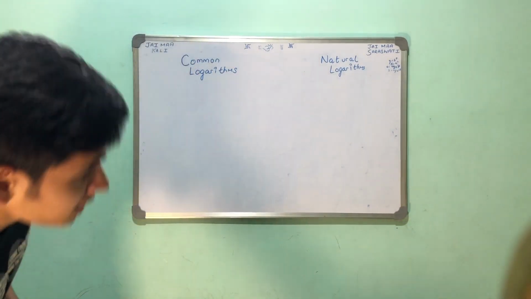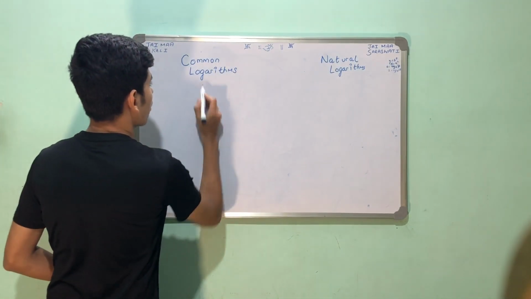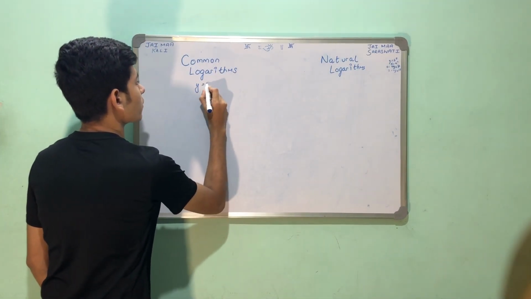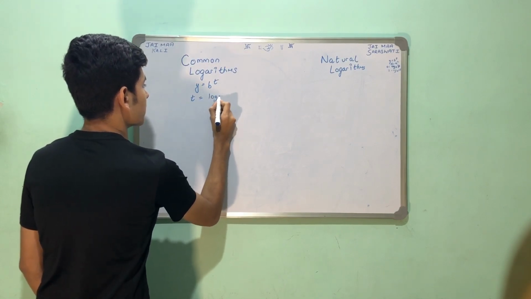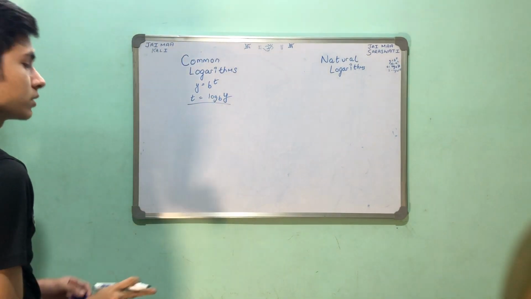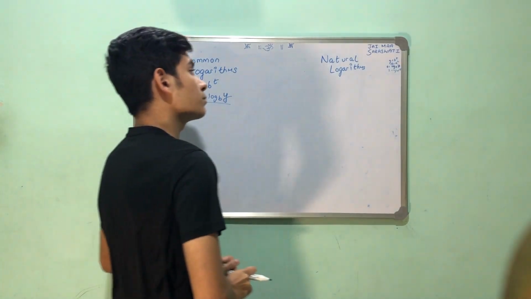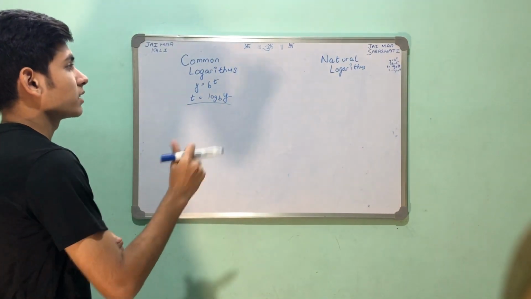Now we come to natural logarithms. So far we have learned that common logarithms include y equal to b to the power t, where t is equal to log base b of y. This is the common logarithm. The natural logarithm has a symbol, that is e.